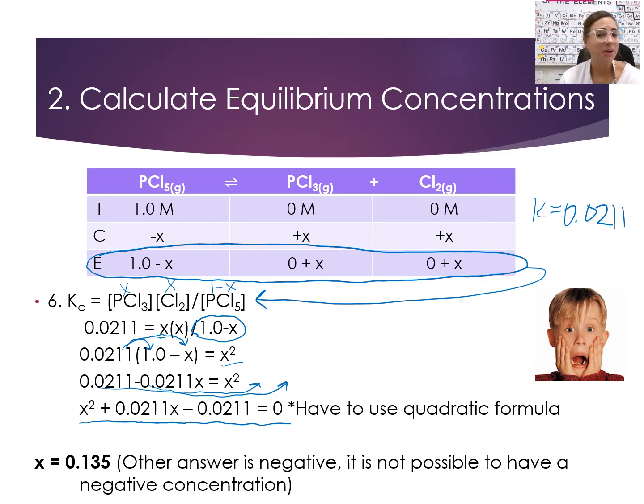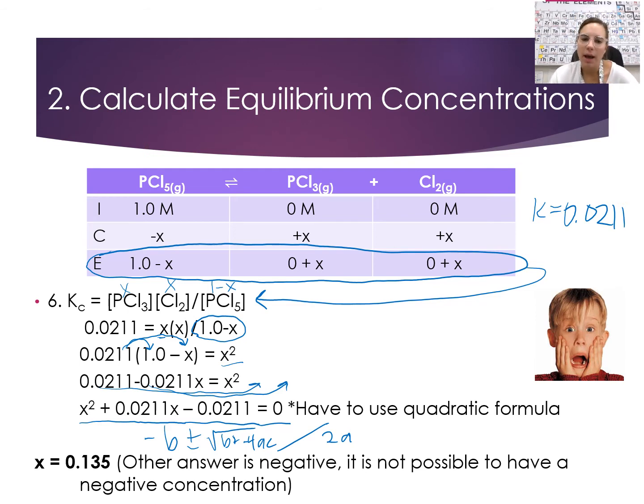So, a refresher: negative b plus or minus the square root of b squared minus 4ac, all divided by 2a. I still remember that from math class in like 9th grade, whenever I took Algebra 2.